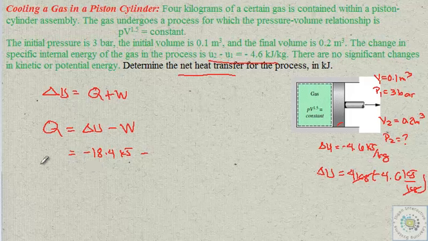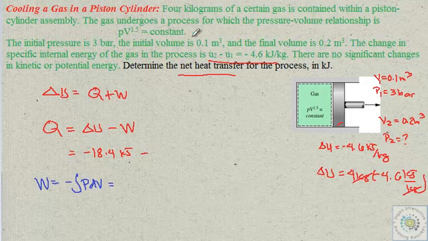How do we find the work for this? Since this is just an expansion work, we could solve work using the formula: work is equal to the negative integral of P dV. In this case, we must first express P, since P will be changing. It's 3 bar, but we don't know P2.